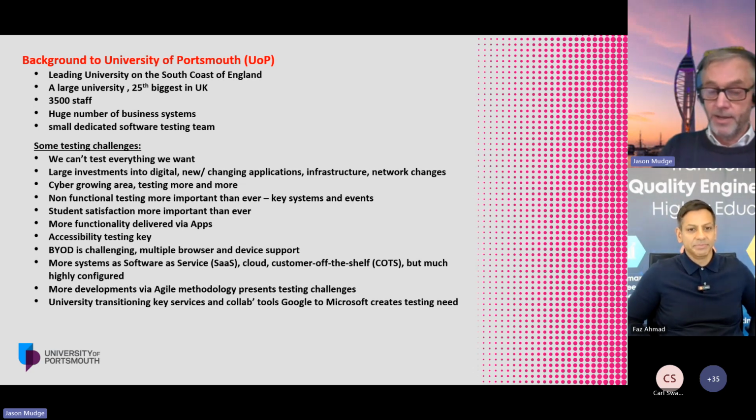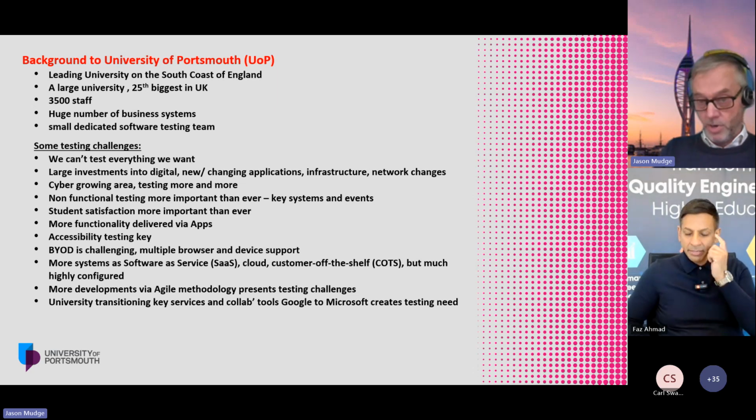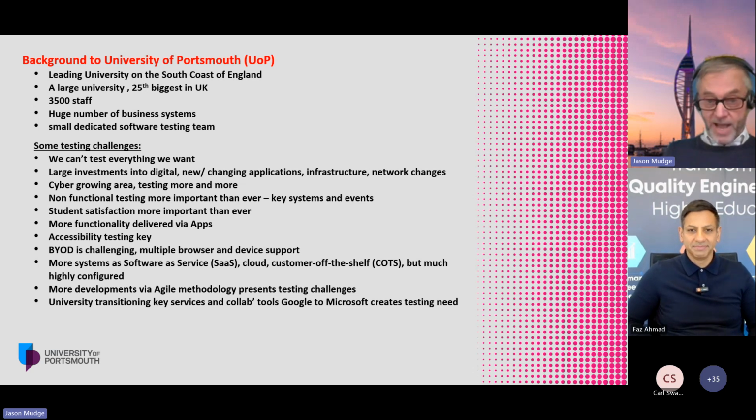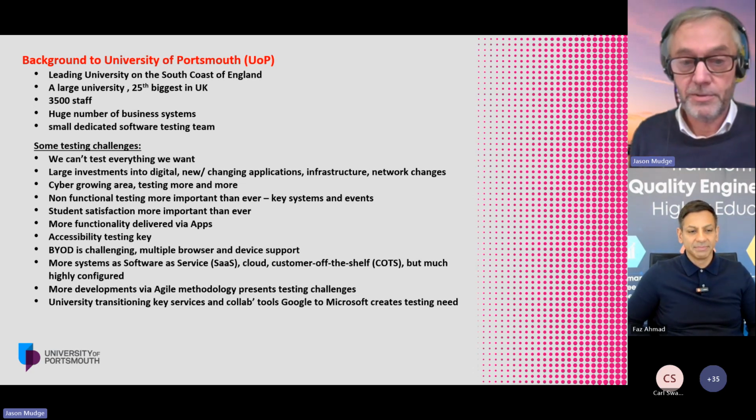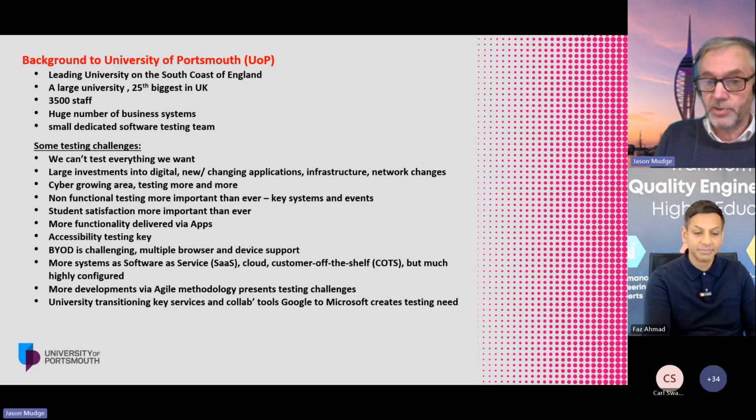You need to bring in things like test automation to do it well, and I'll talk a little bit about that in a minute as well. And for a university, just to make it more difficult, the whole university is changing over from Google to Microsoft.